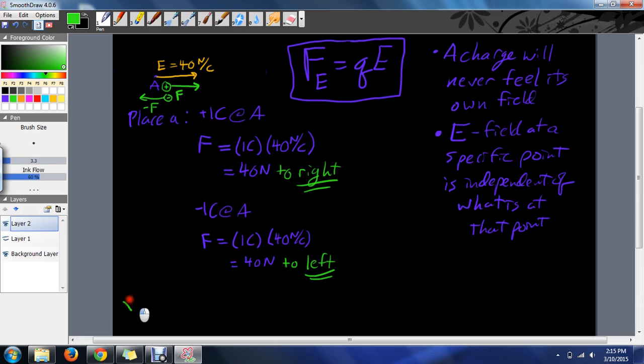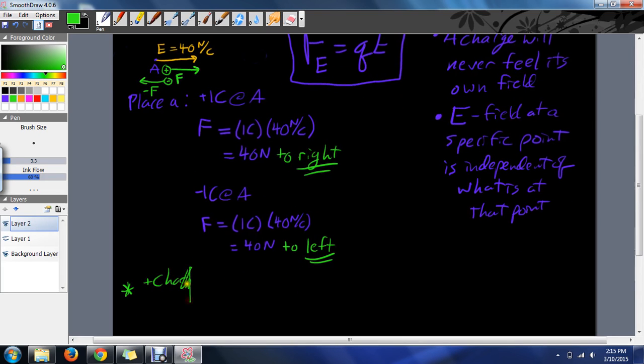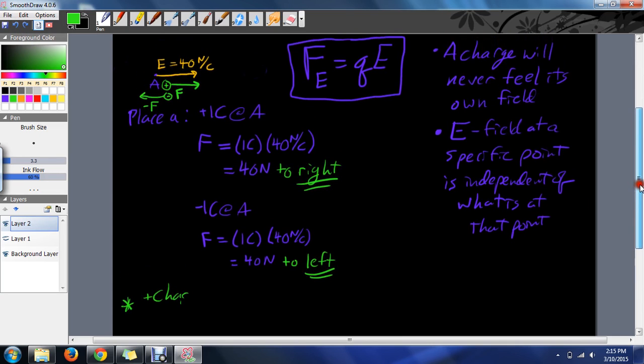So we can summarize this by saying positive charges move with the field.